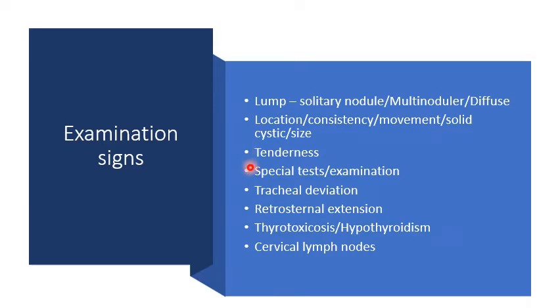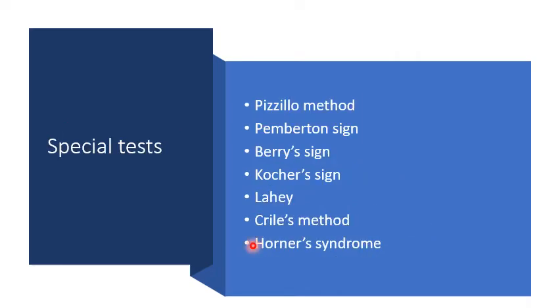Then are the special tests or examinations, checking for the position of the trachea to see whether there's any tracheal deviation, retrosternal extension, which I mentioned just now, evidence of hyper or hypothyroidism, and the presence of cervical lymph nodes, if enlarged, to determine which group of lymph nodes are enlarged.